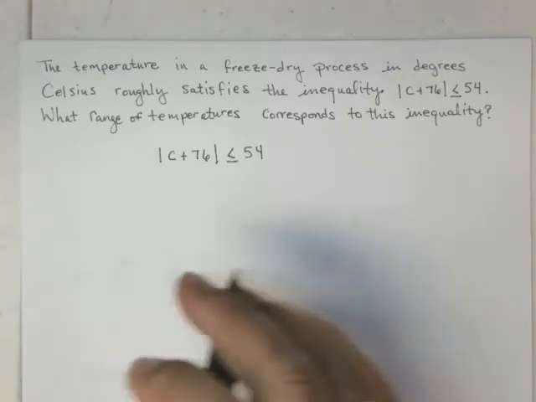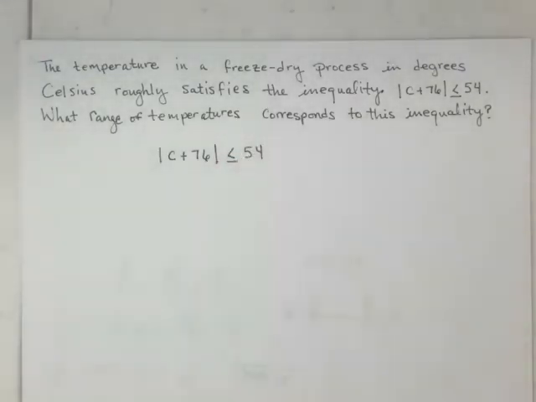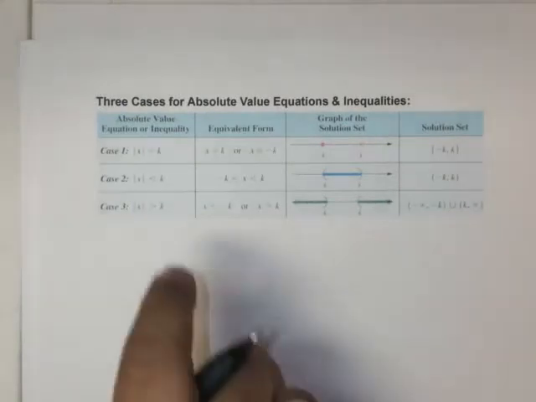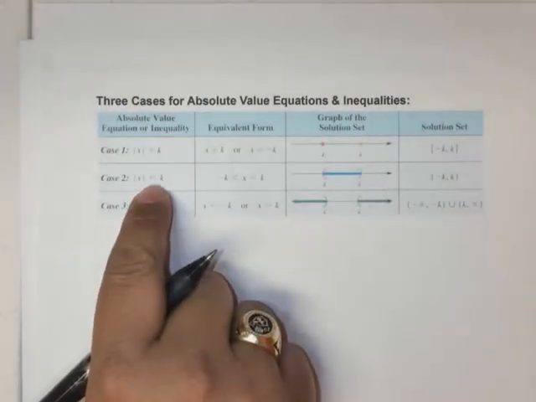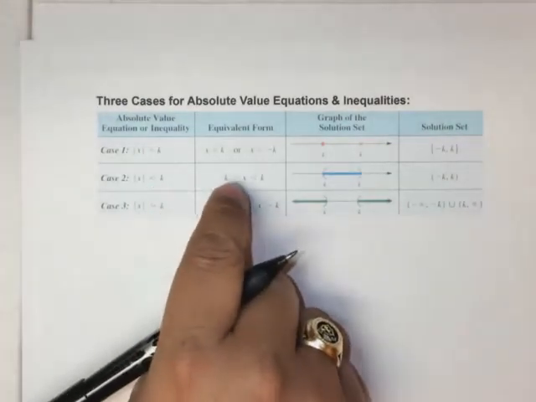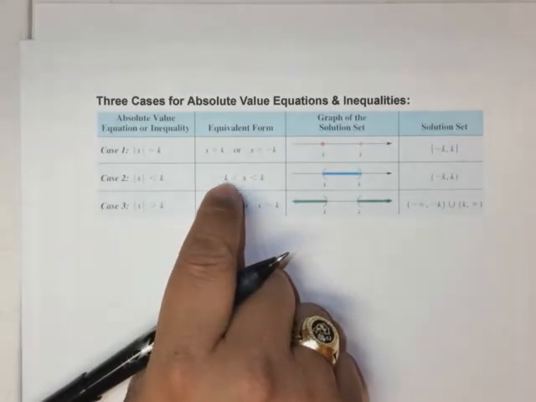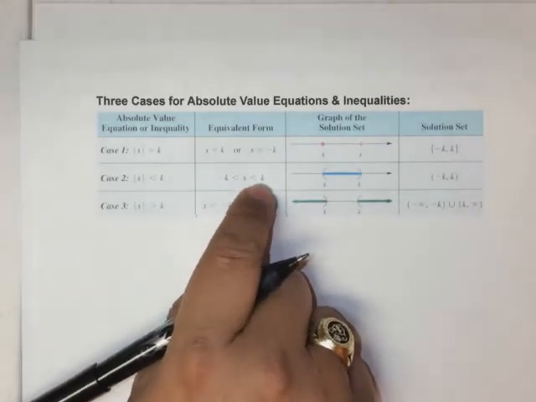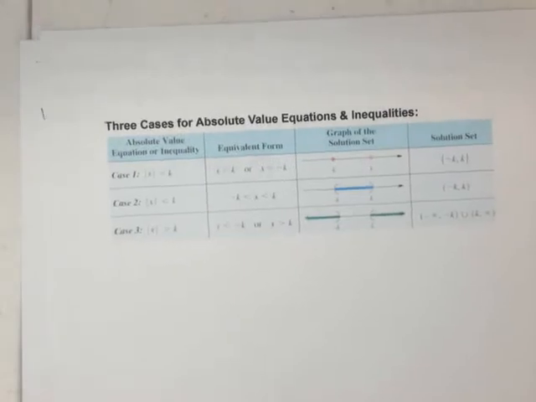Okay, so if you followed some of the previous videos that I've done on absolute value equations and inequalities, this corresponds to what I called back then a case 2. So what we need to do is set it up so that we have a negative k and k on either side of the absolute value.